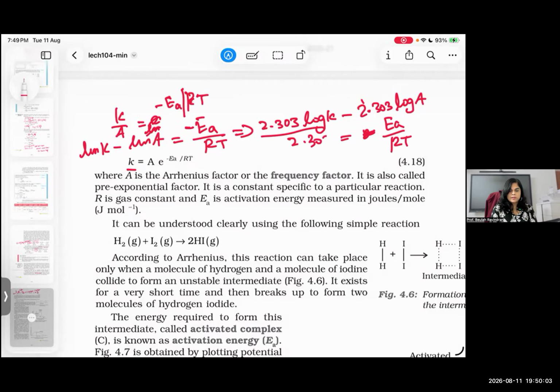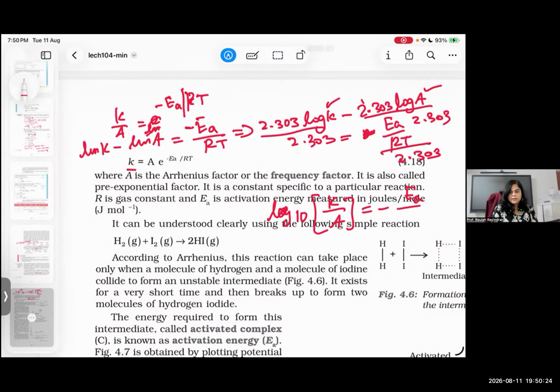Here also 2.303, so that will give log to the base 10. Log means log to the base 10, I told you, right? Log of k minus log A. So log k by A is equal to minus E suffix a by 2.303 RT, where R you know and T you know, that is the absolute temperature.